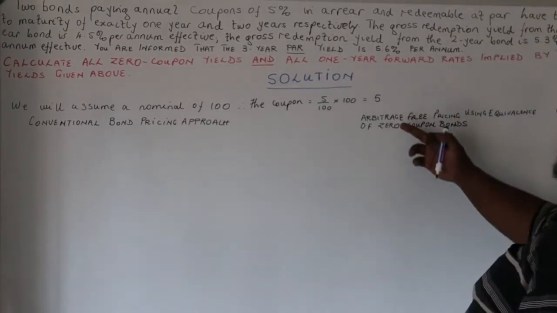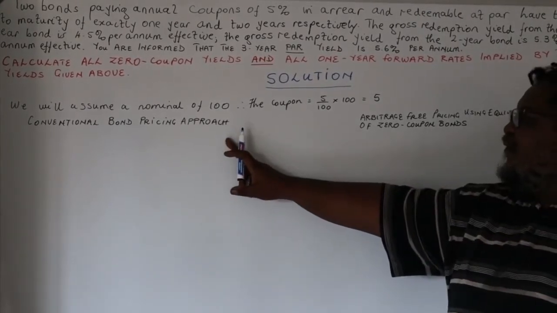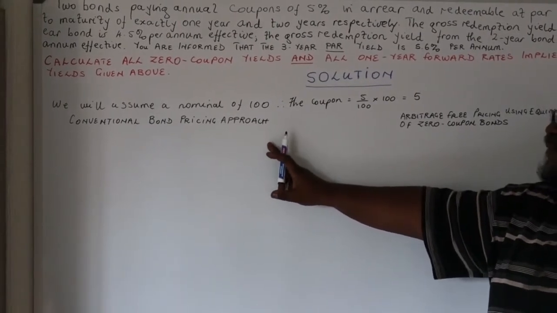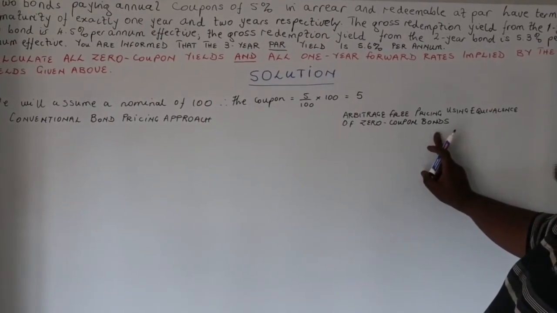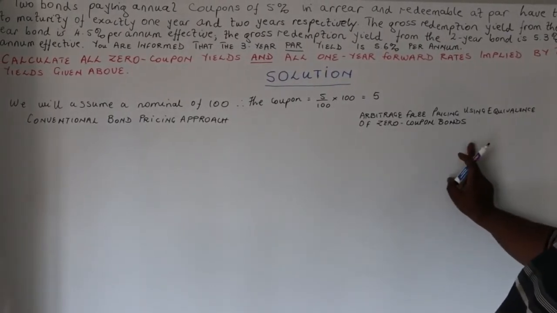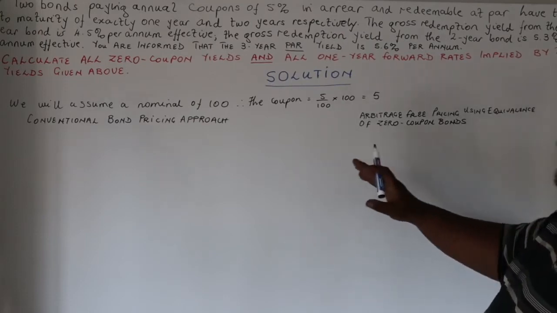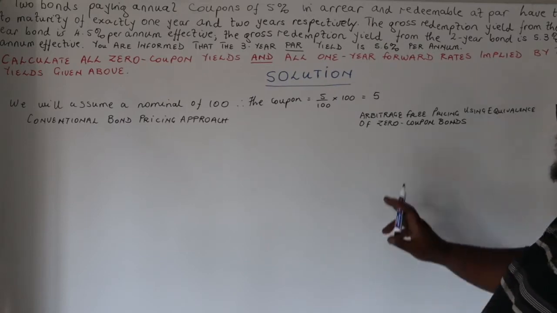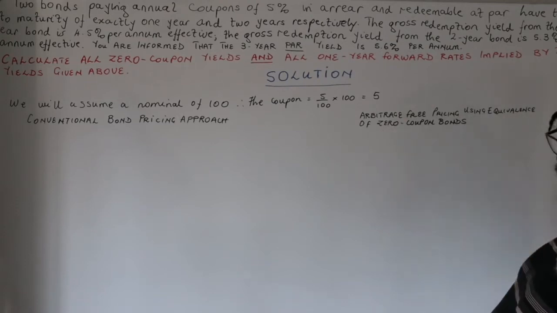The reason why they call this arbitrage free is that if you look at the conventional bond pricing approach, the net present value that you determine using that approach should be exactly equal to the net present value that you will get when you are using the equivalence of zero coupon bonds. If that price or that net present value is not equal, then you have an arbitrage opportunity. So that's why we say arbitrage free pricing using equivalence of zero coupon bonds.